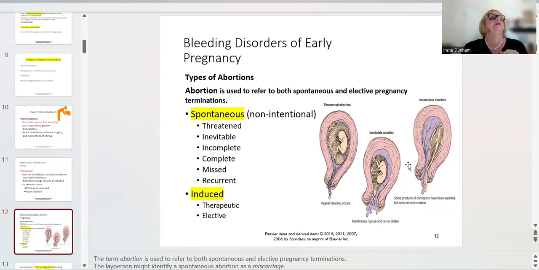Now this one over here is incomplete, where some of the products have been expelled and some are still in that uterus. Well, we can't leave this, okay? So this patient's going to have a curettage. She's already dilated a little bit, so we might have to dilate a little more. That's called a dilatation and curettage.